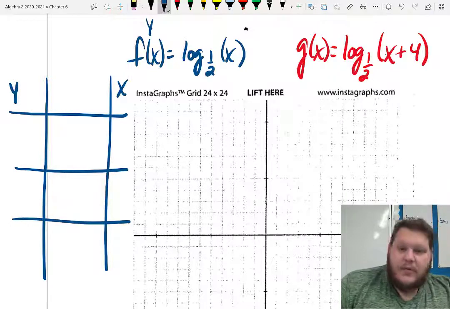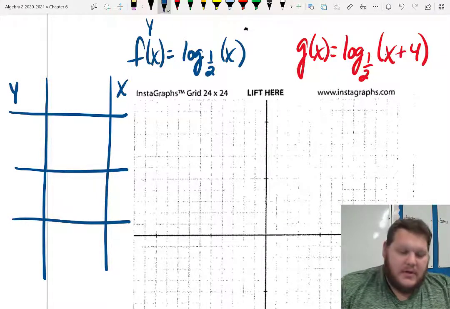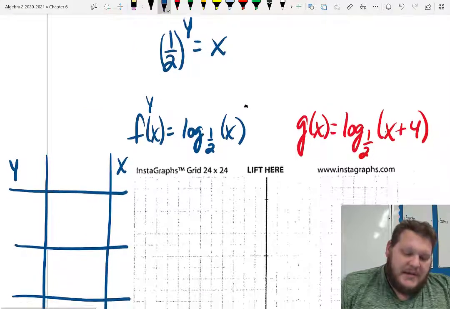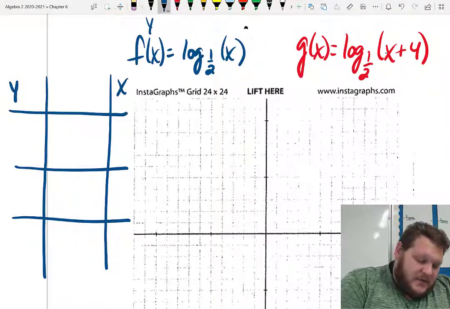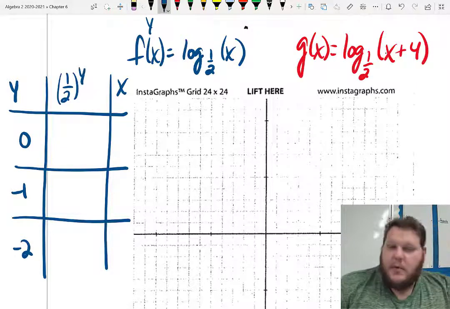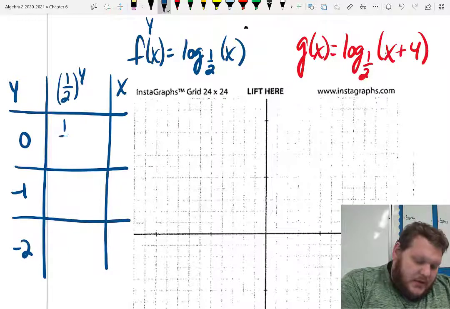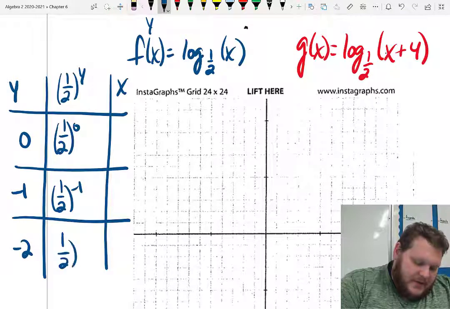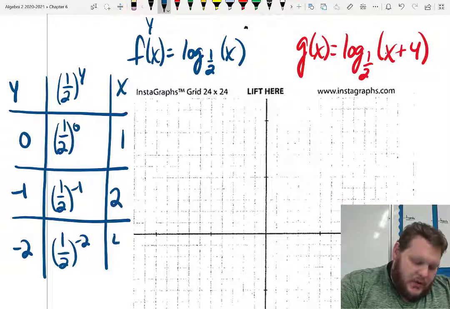We're still picking 3 inputs, which in this case, since my base is 1/2, we should be using those negatives. So 0, -1, -2, because we're evaluating 1/2 to the y power. 1/2 to the 0, 1/2 to the -1st, 1/2 to the -2nd should give me 1, 2, and 4.